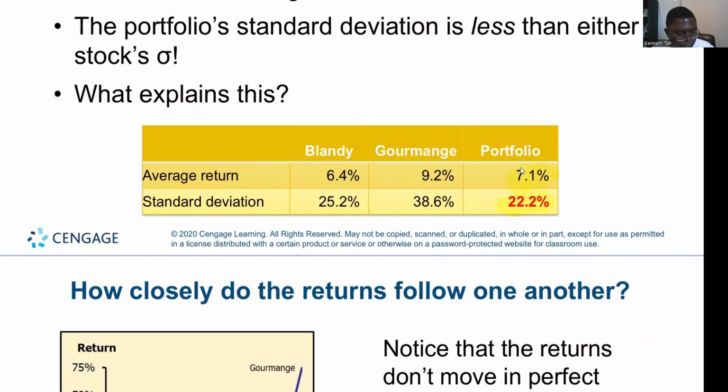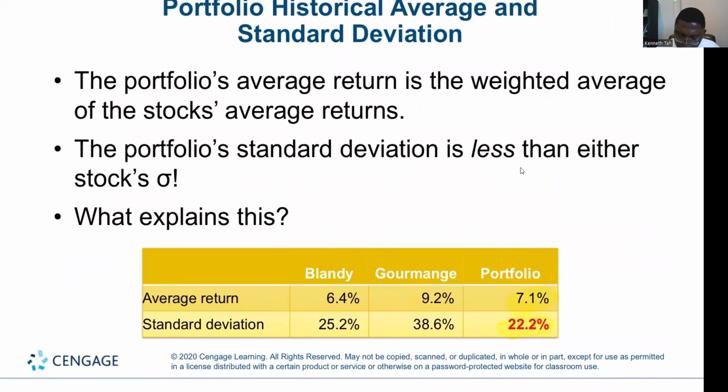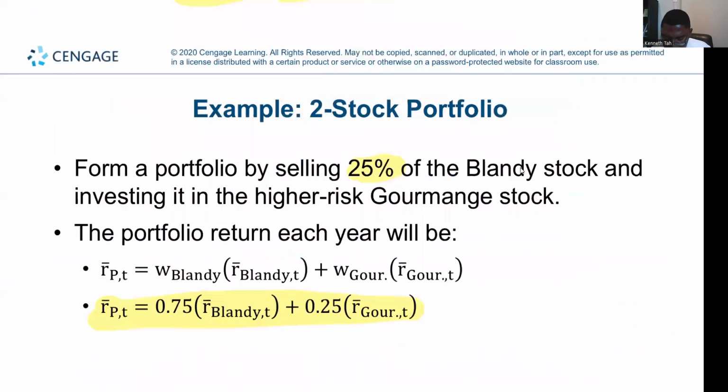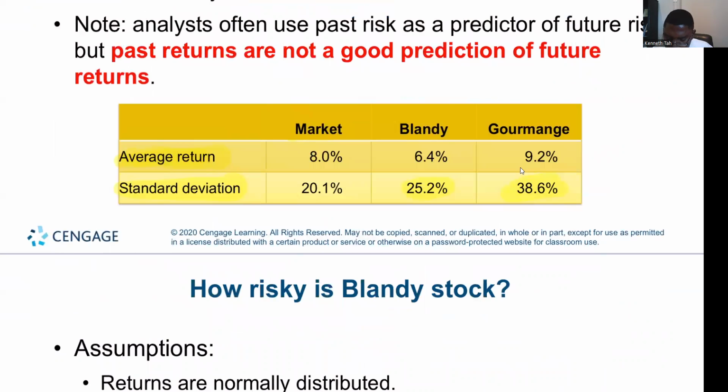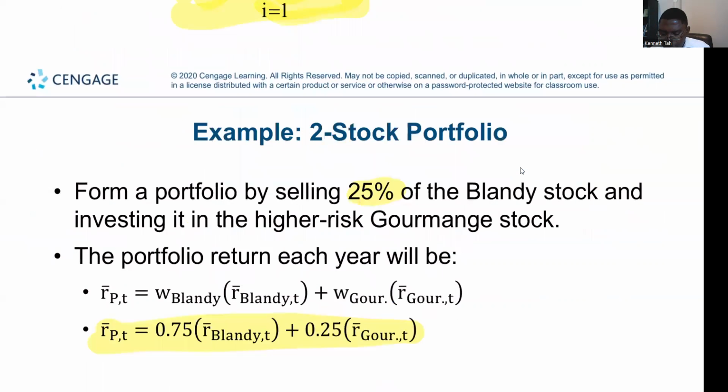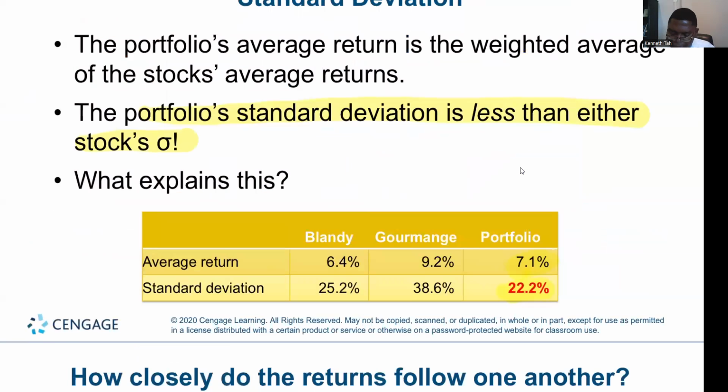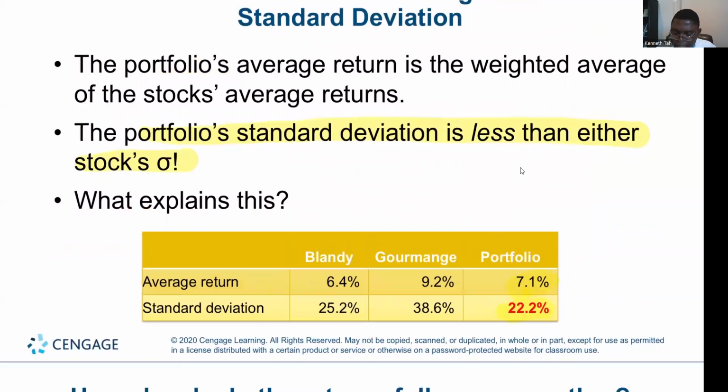So what do we find? We find that the portfolio standard deviation is less than that of any of the stocks. The standard deviation is 22.2. If we go back and look at the standard deviations when we calculated them individually, 25 and 38, that is very high risk for the two companies. But when we combine them in our portfolio, we find that the portfolio standard deviation is less than either of the stock standard deviations.